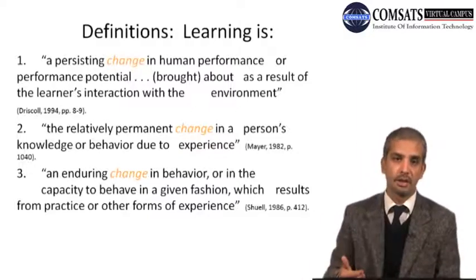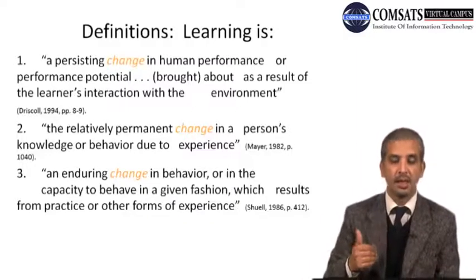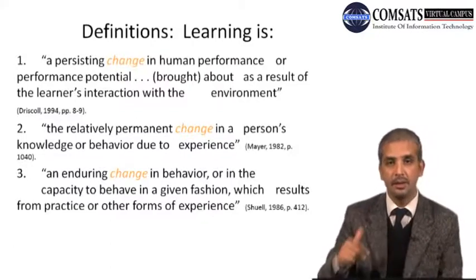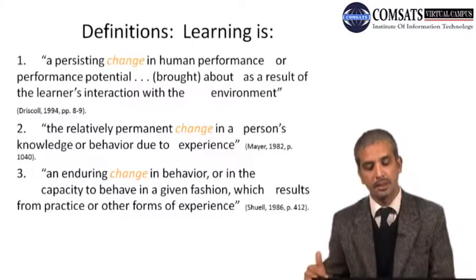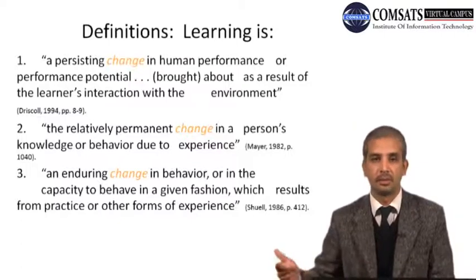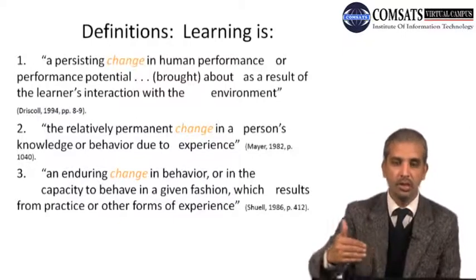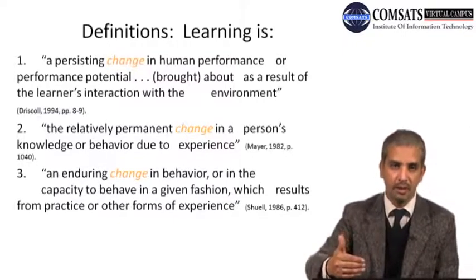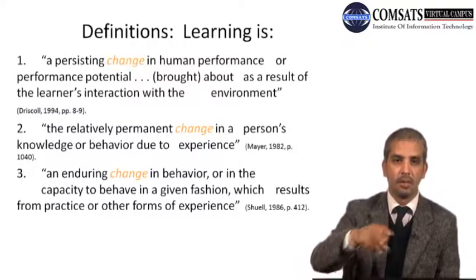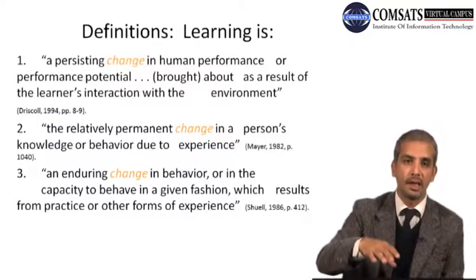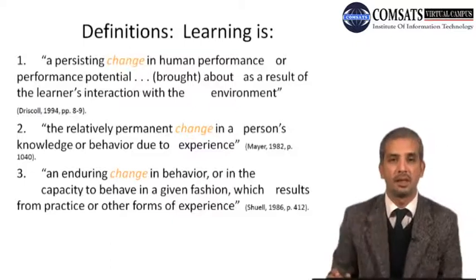The third definition is that it is a change in human behavior or his capacity to behave based upon his experiences and practice, or experience with the environment and practice. All these three definitions are more concrete in terms of learning, and they summarize all of those aspects that we discussed in the previous slides.